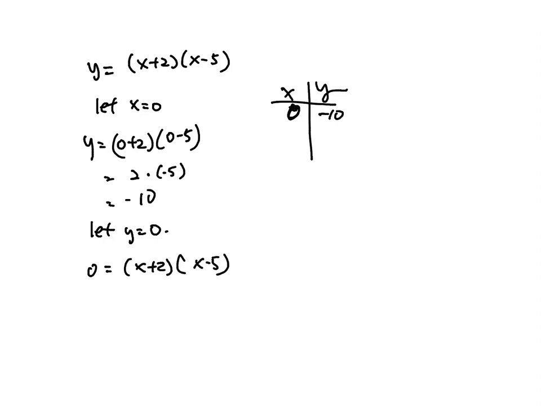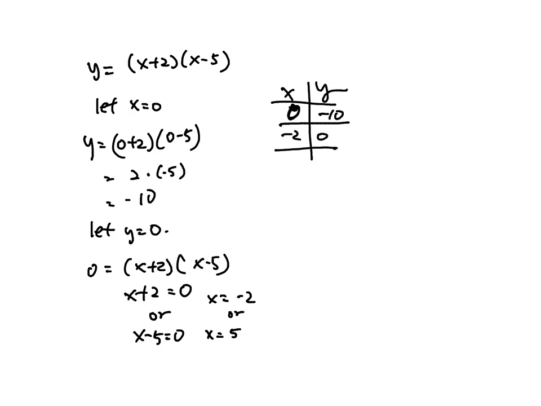And I think we've done enough of these questions. You know what's coming up next. x plus 2 equals 0, or x minus 5 equals 0. So x equals negative 2 or 5. So in this case, we actually have 2 x-intercepts. These are the x-intercepts, and this right here is the y-intercept.